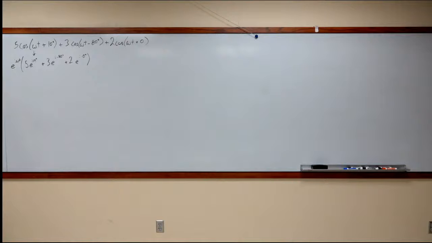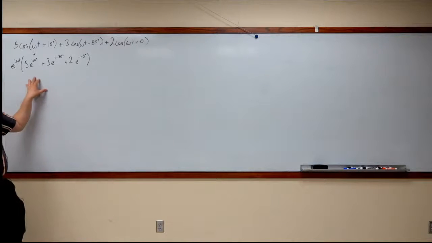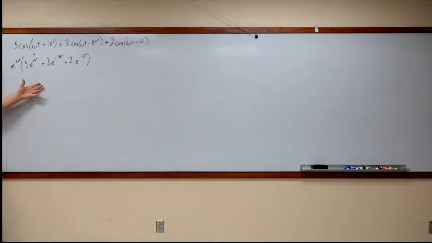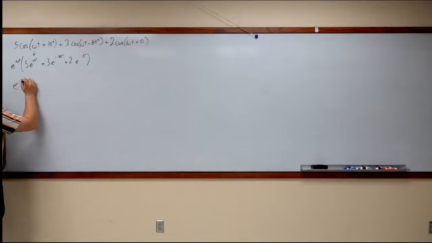All right. So now we're going to have to break these into real and imaginary components. So this step here, we converted into Euler's equation. We're going to then take Euler's equation and break that up.